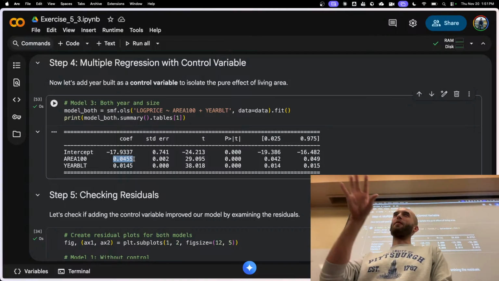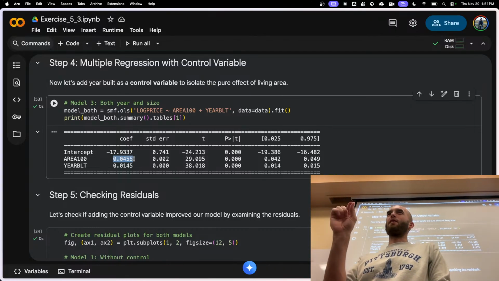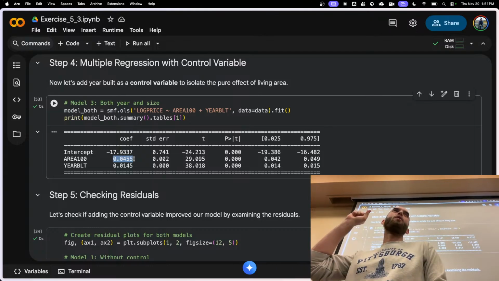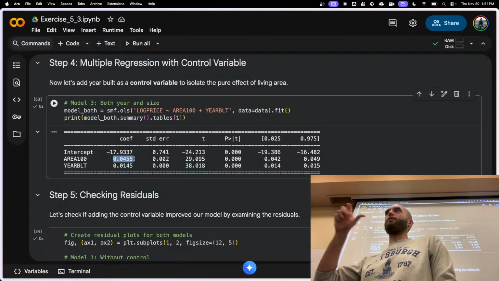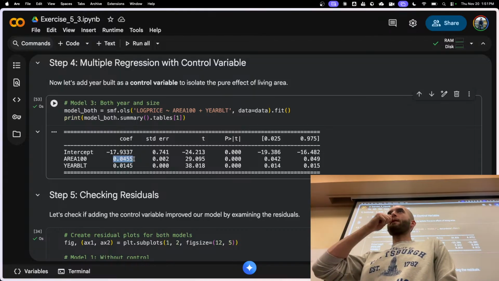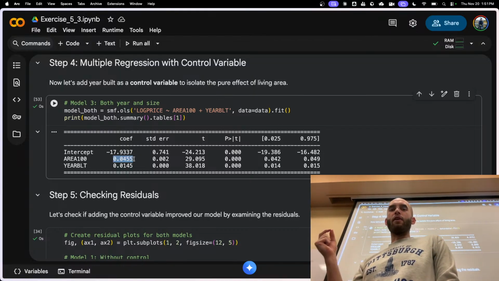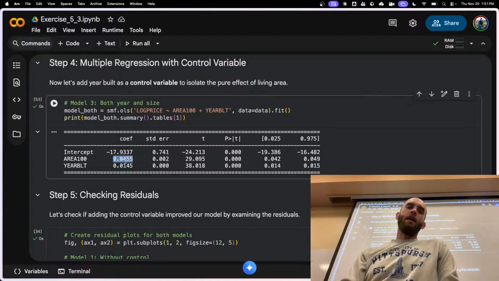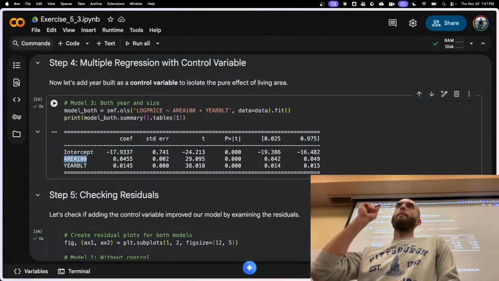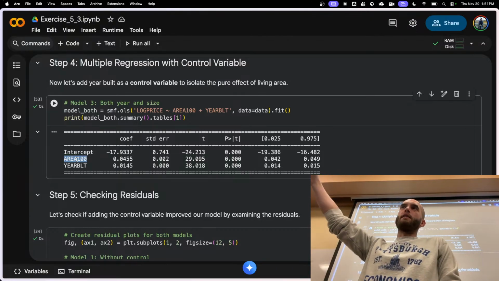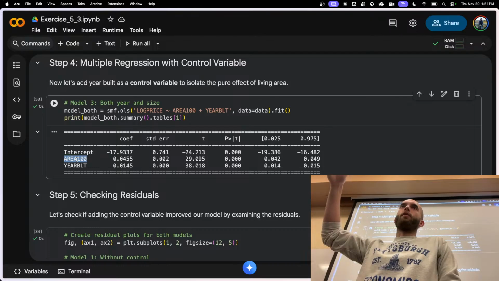There are a couple of caveats. Maybe I'll say this in a slightly different way. The first thing to say is that we're holding the area, the year built constant. So we're comparing two different houses in the same year. Then we have a coefficient of 0.04, which tells us that every additional increase in this measure increases our log price by 0.0455.